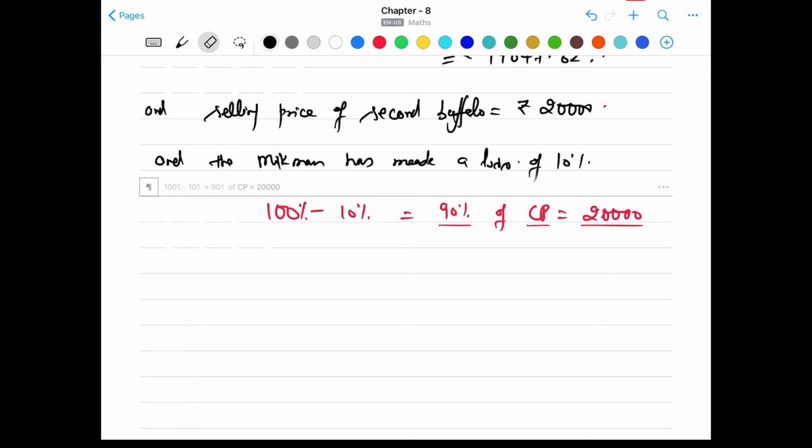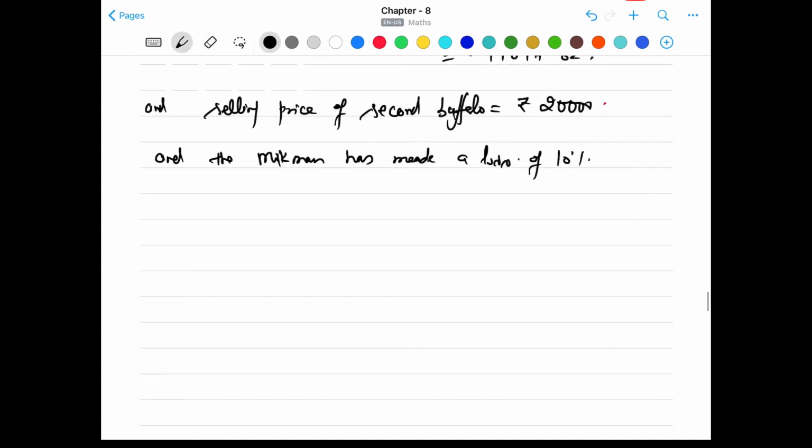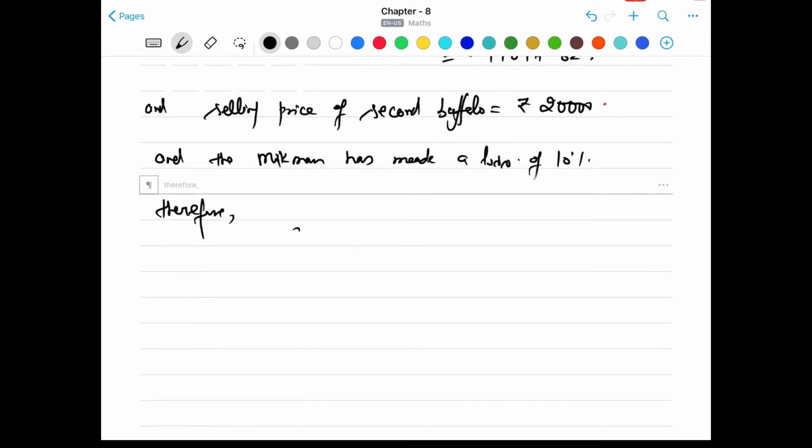So with this we can calculate the cost price of the buffalo, as the selling price is already given. Therefore, 90% of the CP of buffalo 2 will be equal to 20,000. 90% means 90 divided by 100.